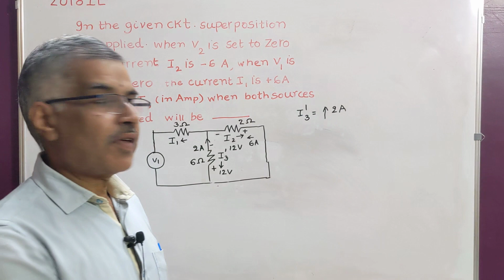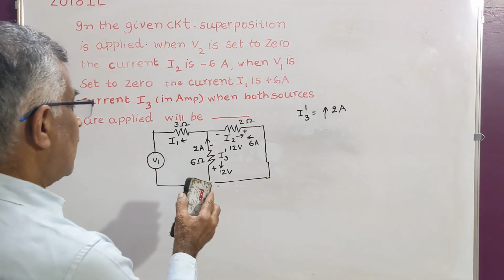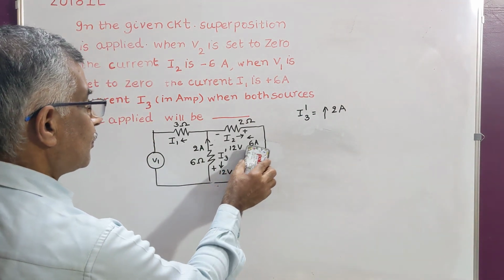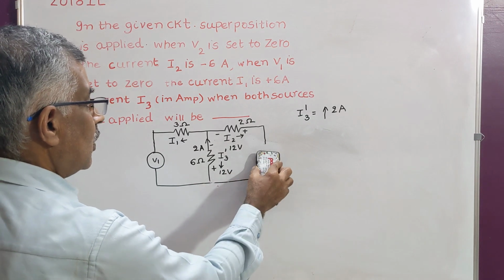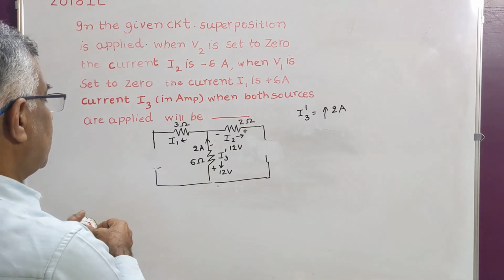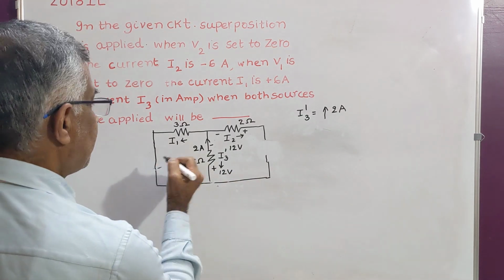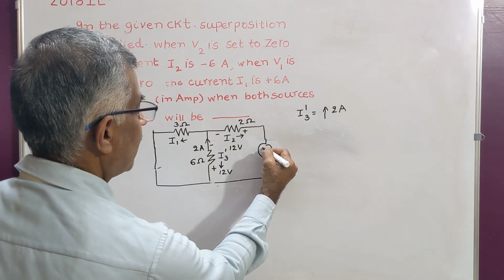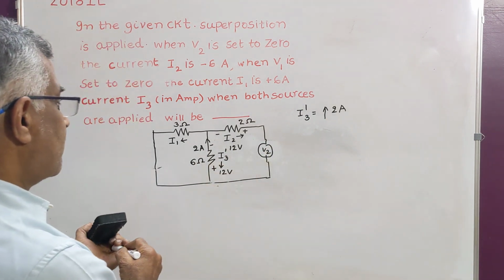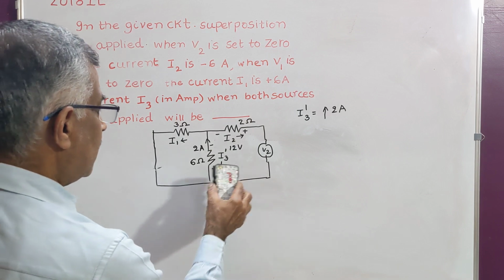Now let us come to the other part. Now V1 is shorted, and V2 is connected.